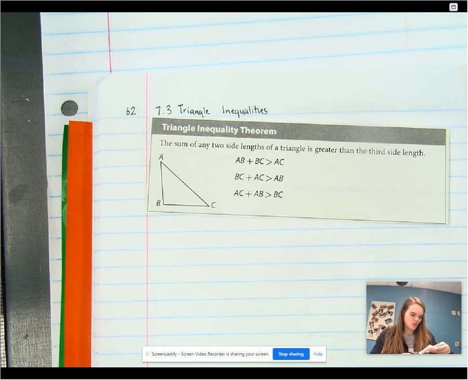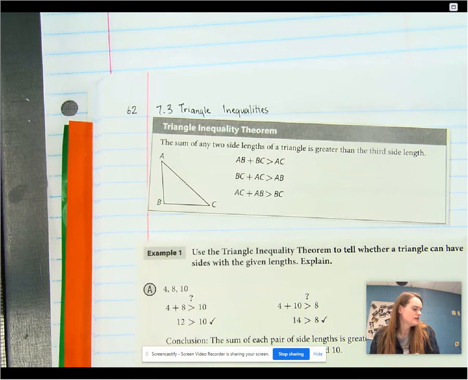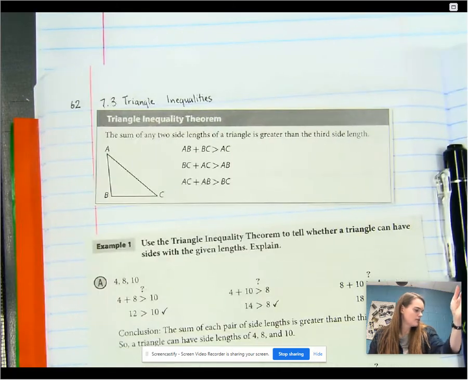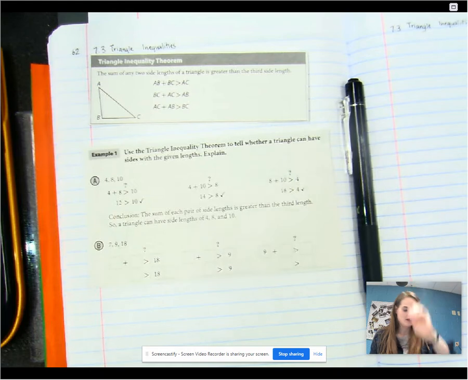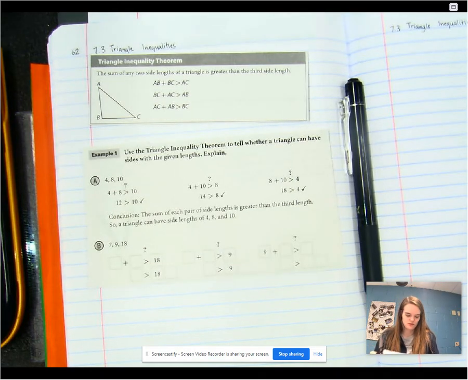You need example 1, letter A and B, from the front, 343. Okay, and from the back, you need A and B.